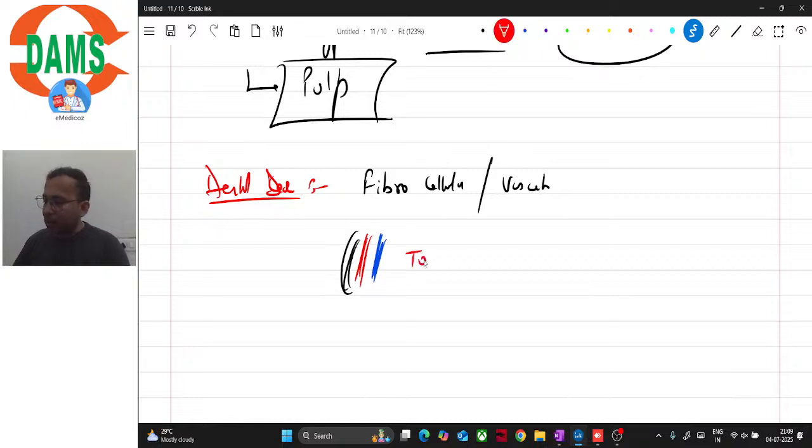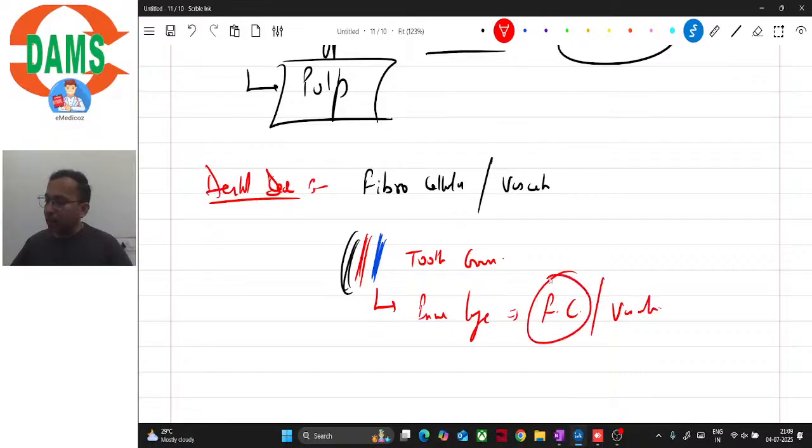And on the inner side is the tooth bud or the tooth germ. We should call it tooth germ. Right? So this inner layer is fibrocellular, it is vascular, but it is rich in cells, right? It is more cellular than it is vascular.